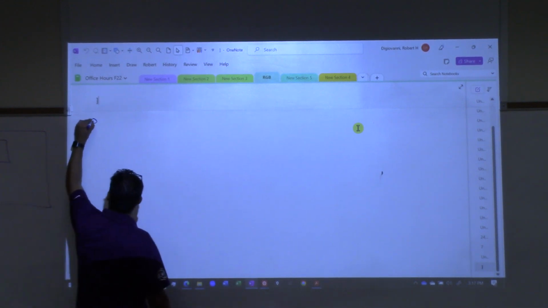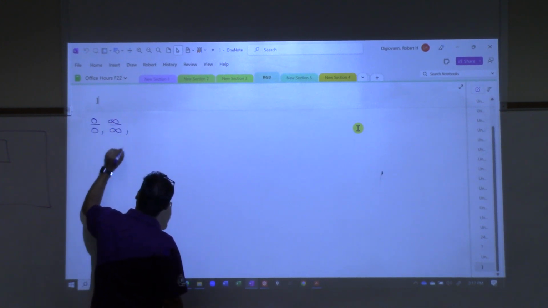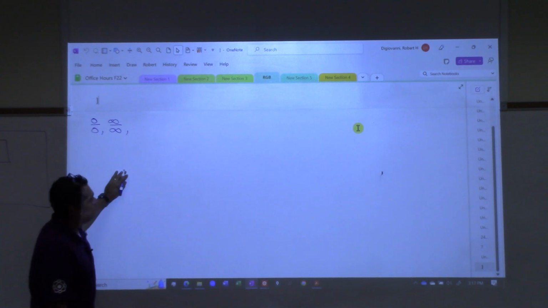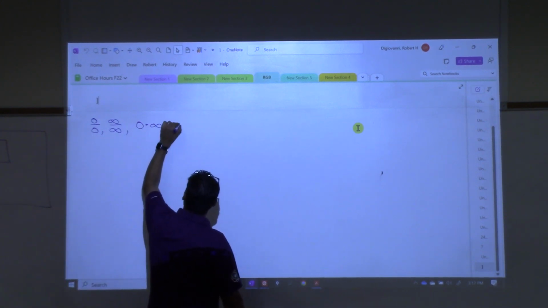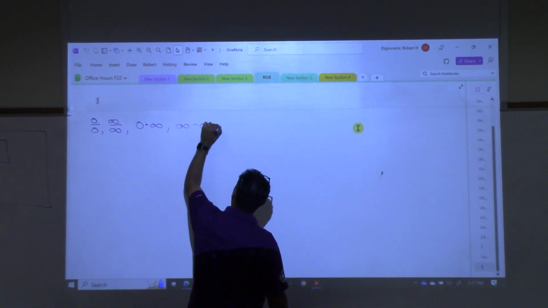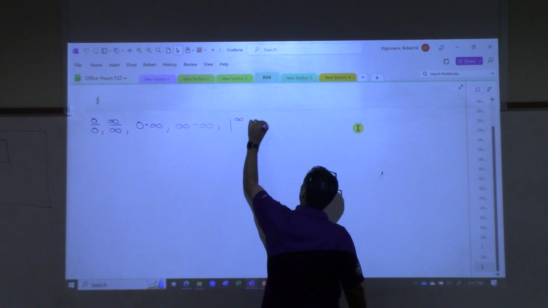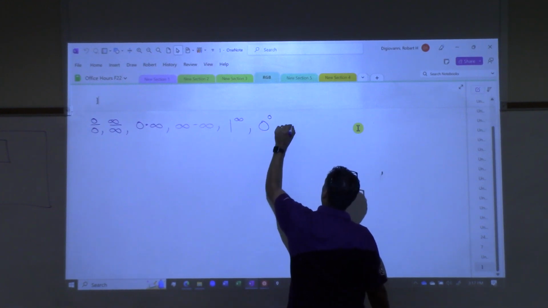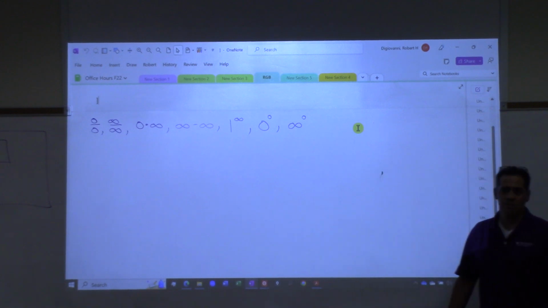They were 0 over 0, infinity over infinity, right? What else? 0 times infinity, infinity minus infinity, 1 to the infinity, 0 to the 0, infinity to the 0. That's it, right? That's what's inside that box.